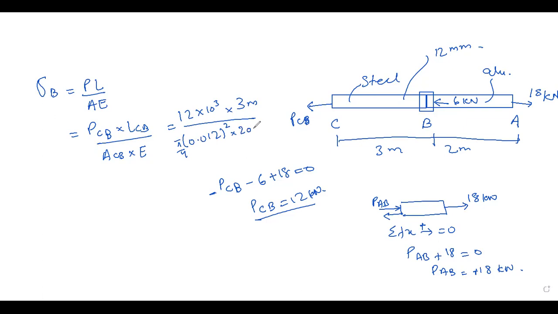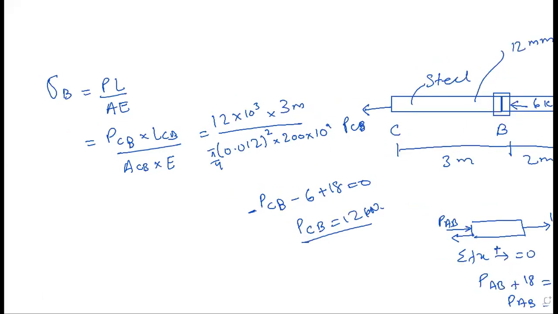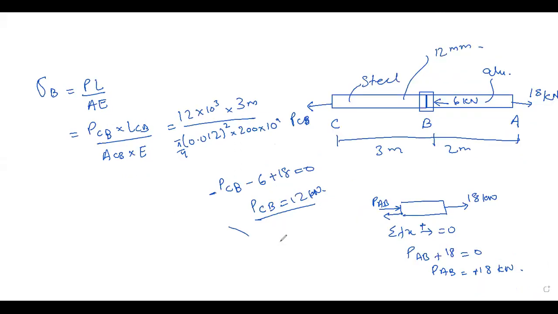The modulus of elasticity of steel is given as 200 gigapascal, which is 200 into 10 to the power 9.